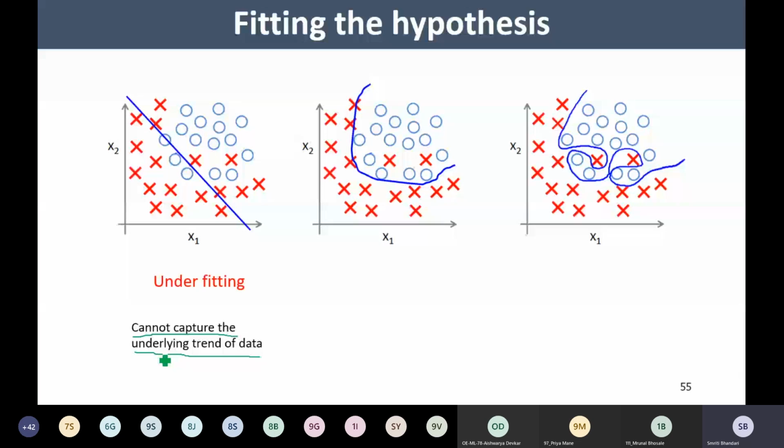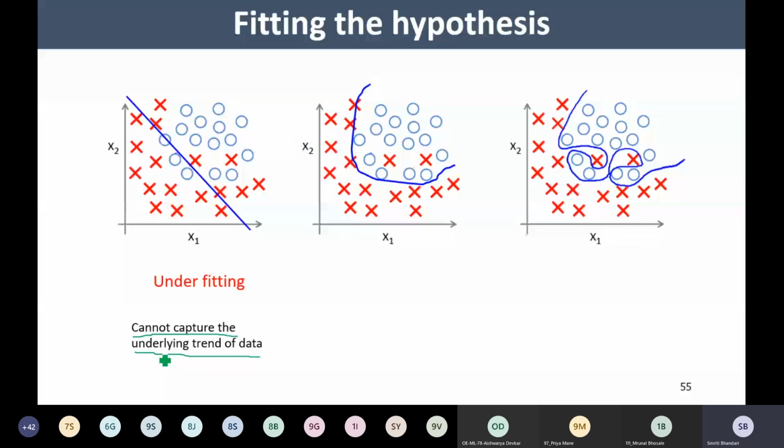I mentioned the reasons: maybe we have a small amount of data comprising my training set, or maybe we are selecting an incorrect kind of function and trying to fit it to a different kind of data.